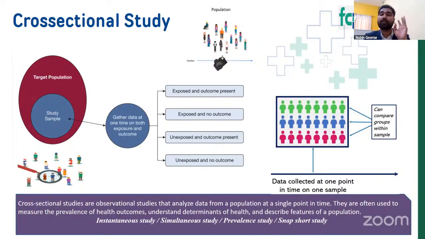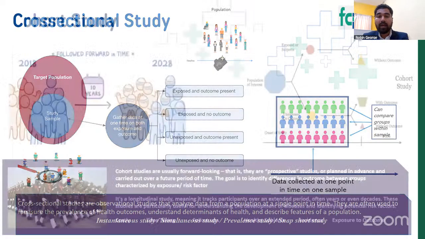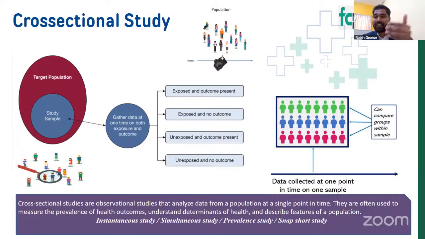So you understood case report and case series. These two are descriptive study designs. Now we have finished the cross-sectional study design. A cross-sectional study design can be descriptive or it can be analytic, so this cross-sectional study is a transition between descriptive and analytic.